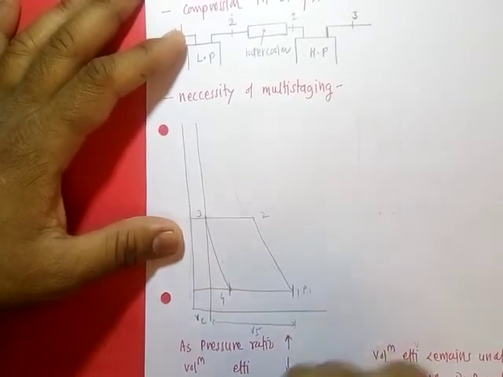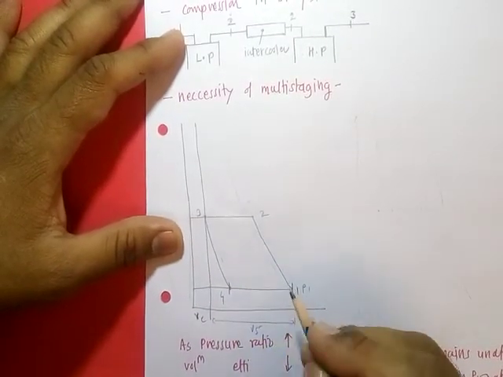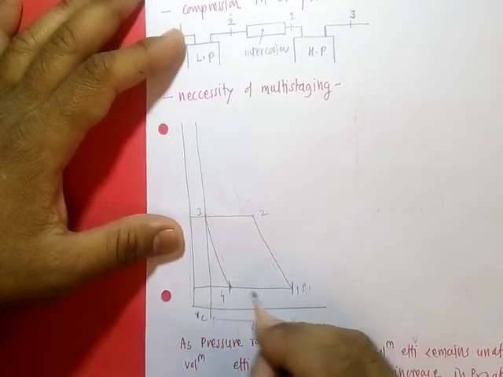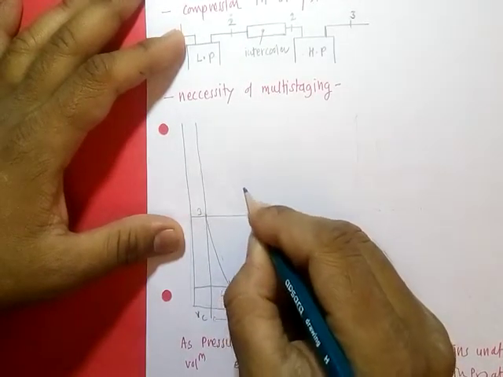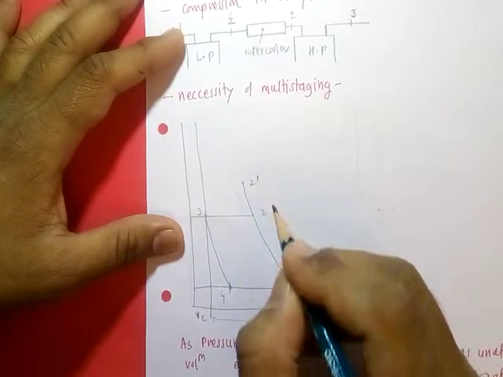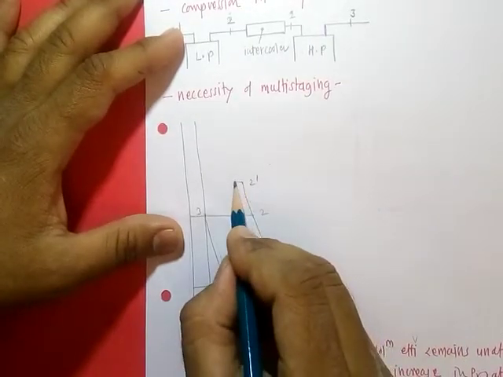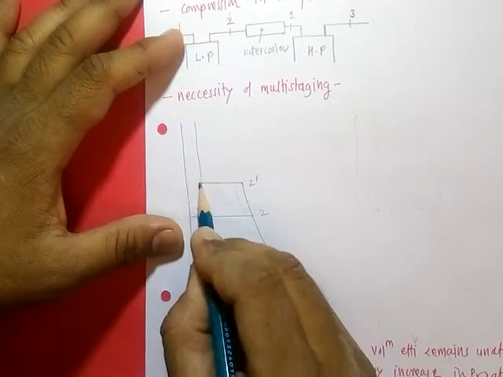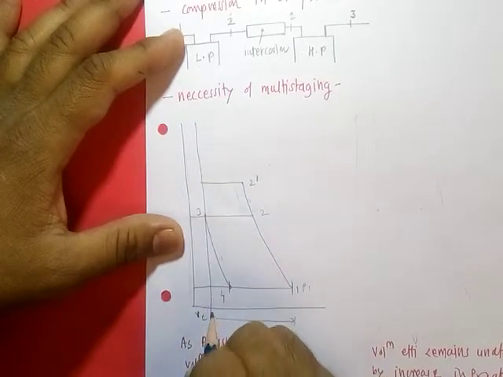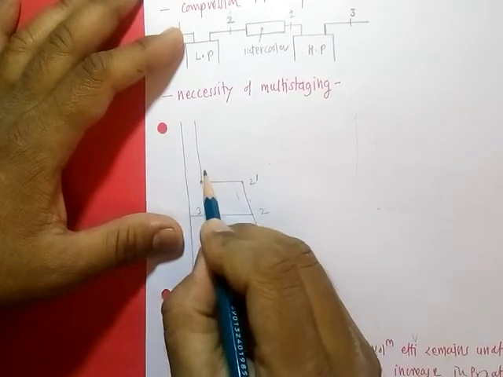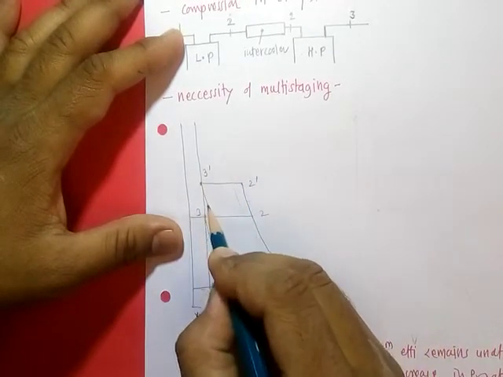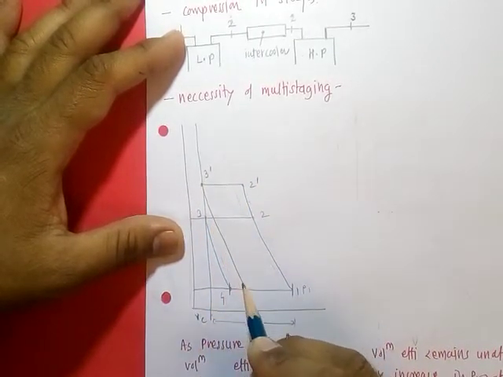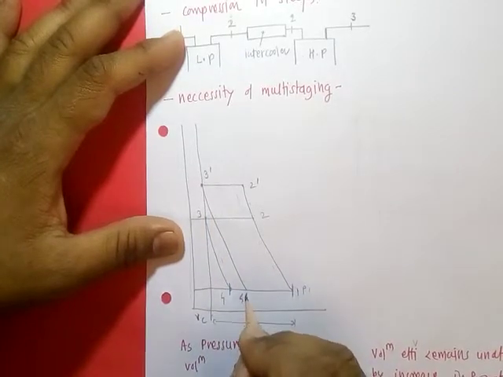Suppose the requirement of pressure is increased, so we take air at the same pressure but the delivery pressure is more. Suppose this is 2 dash. Then when we are delivering, the clearance volume is fixed, so up to this point we deliver, this is 3 dash, and after that according to the same law there is expansion to 4 dash.